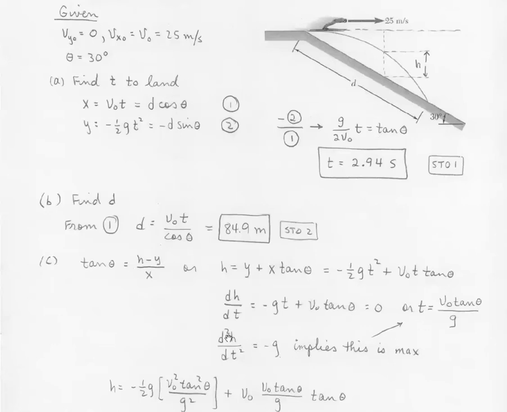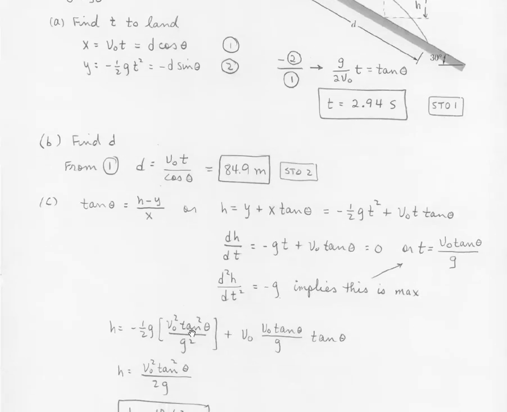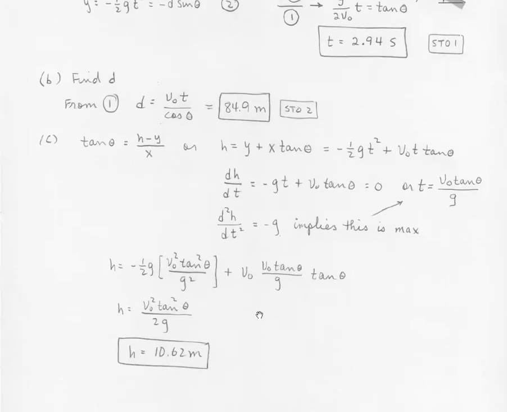Take the second derivative and you get minus g, which implies that the time you solved for represents a maximum. And so you go back to your equation here and put in that time and simplify things down, and your expression simplifies to this right here, with an answer of 10.62 when you plug in your numbers.